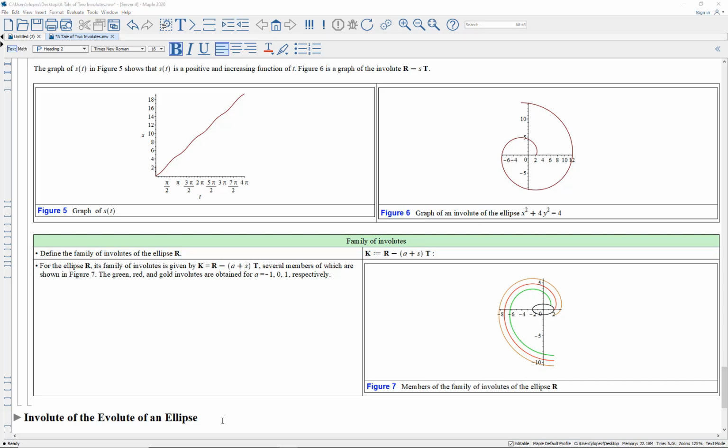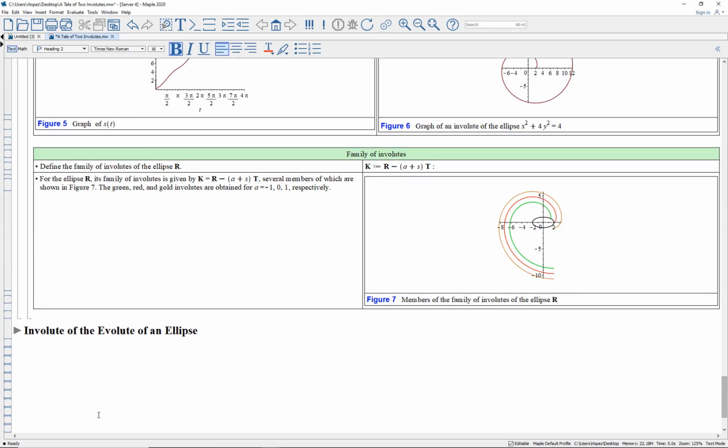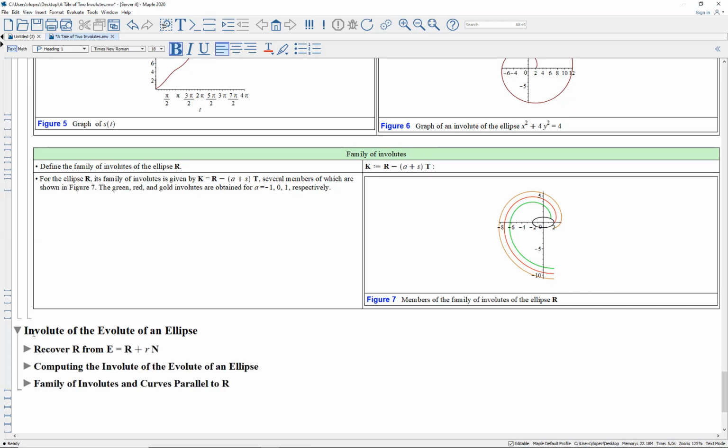So now we're ready to consider the involute of the evolute, because we now know how to do involutes. But before I did that, I asked myself, could you even recover R from its evolute?